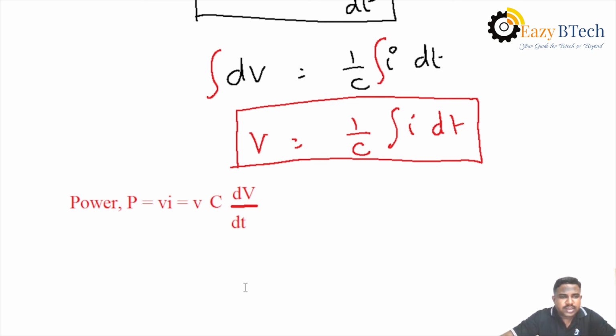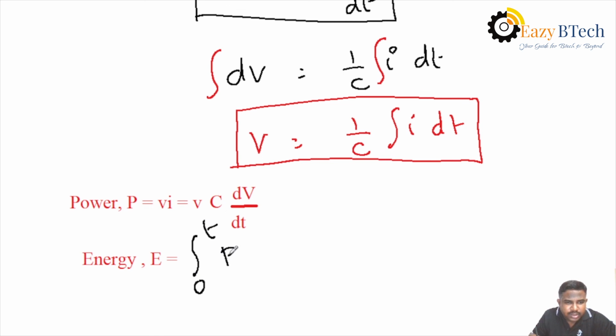Okay? That is the value of power. If you know the value of power, then we can find out the energy stored in the case of a capacitor. You know the formula: the energy stored in a capacitor is the integration of 0 to t of power into dt.